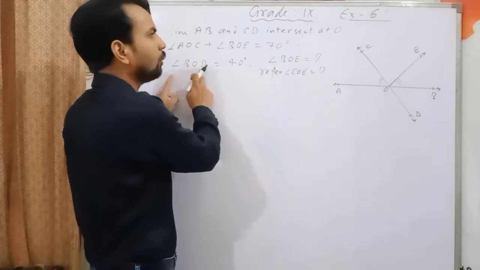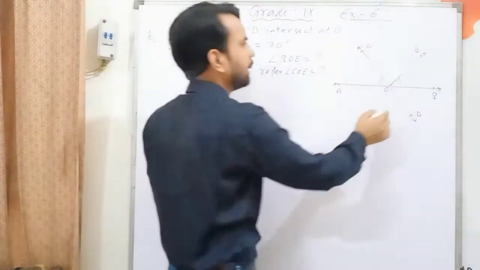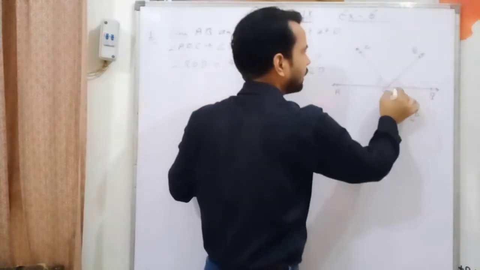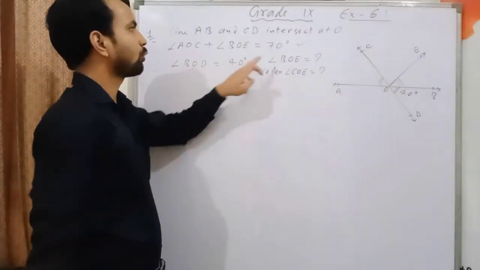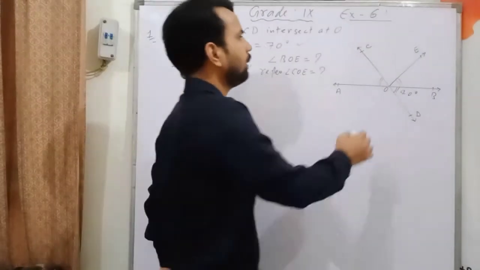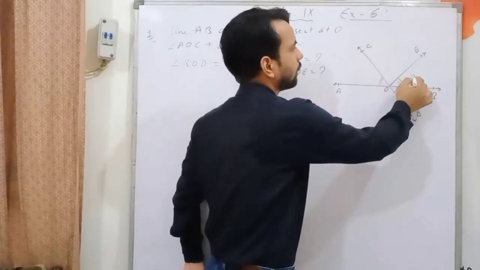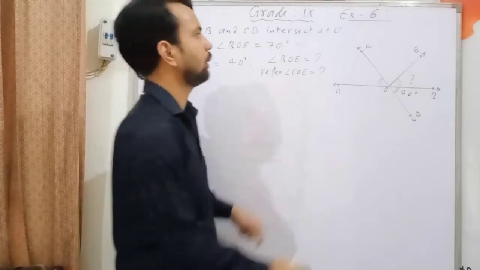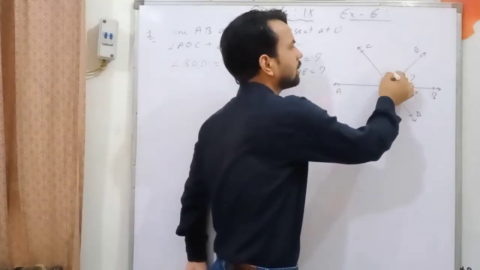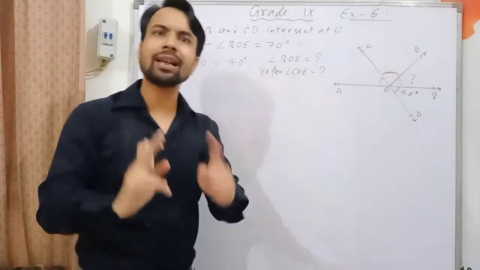And angle BOD, this angle, is given as 40 degrees. We have to find angle BOE, this one, and reflex angle COE. COE angle is this, and we have to find its reflex angle.